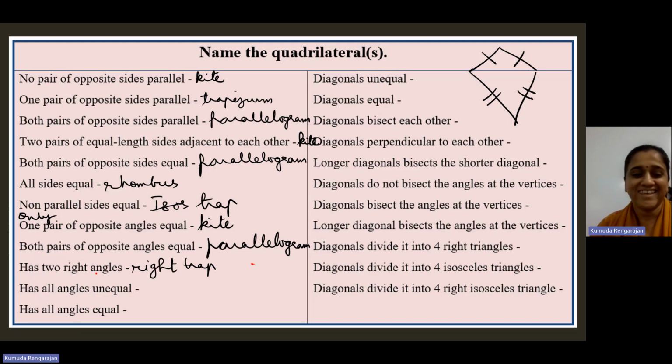Don't try to Google this. Trapezium: a trapezoid is also a trapezium, another way of calling it. Has all angles unequal: you should have referred to the notes, not Googled the answer. With respect to our discussion, all angles unequal is scalene trapezium.